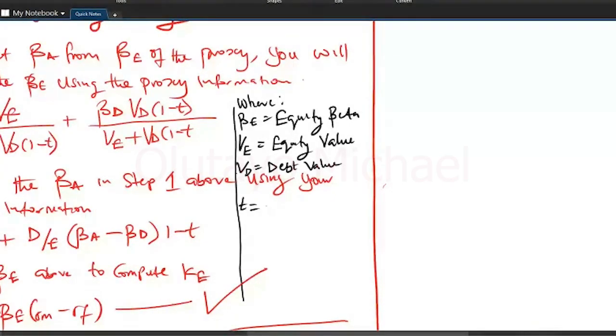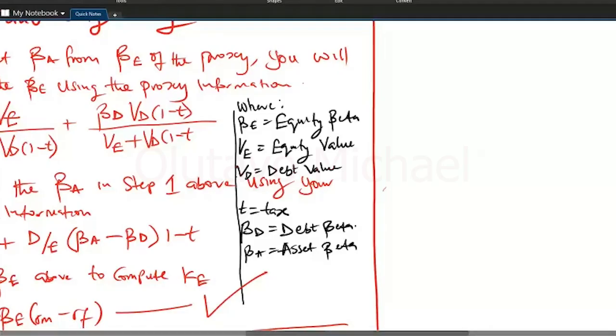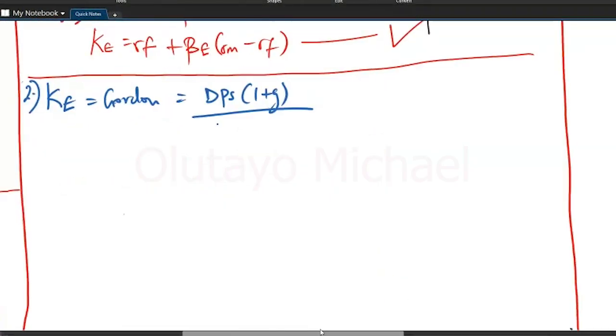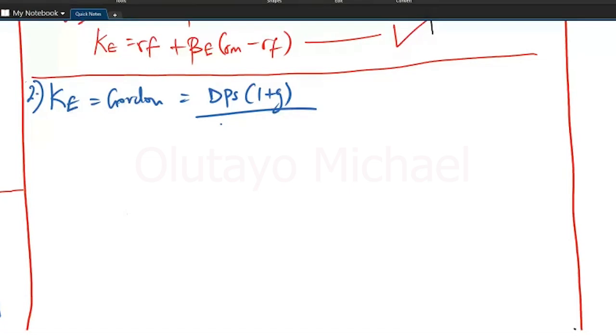Then T means tax. Beta of D means debt beta. Beta of A means asset beta. Okay, let's go back to using dividend valuation method.